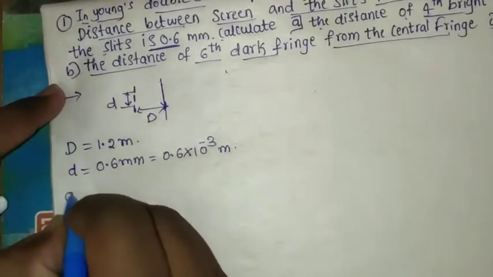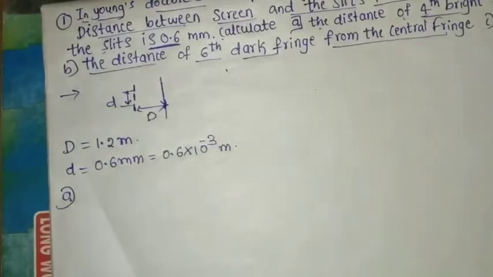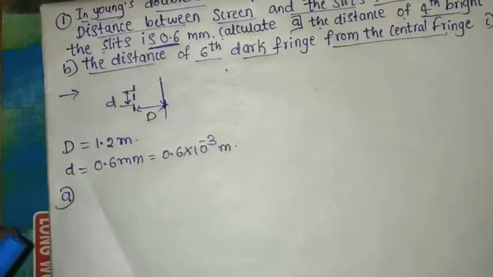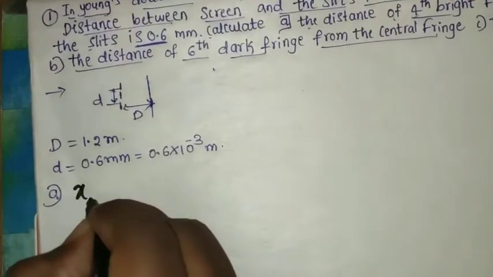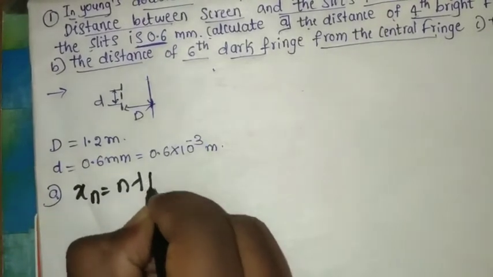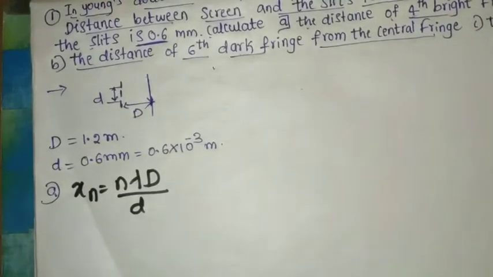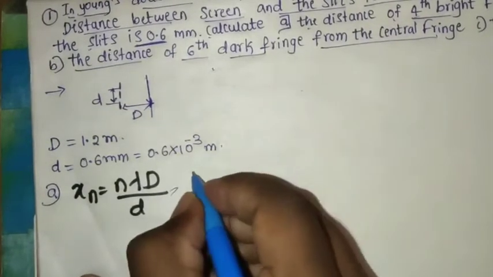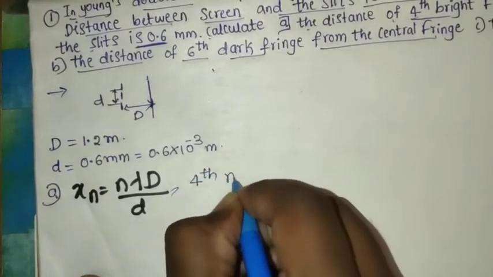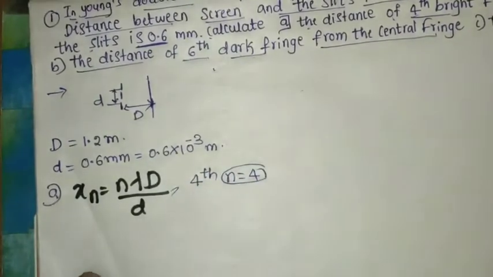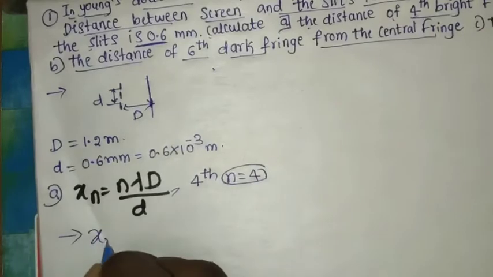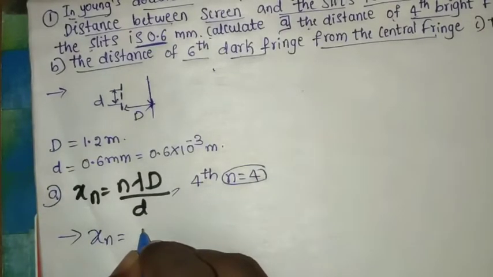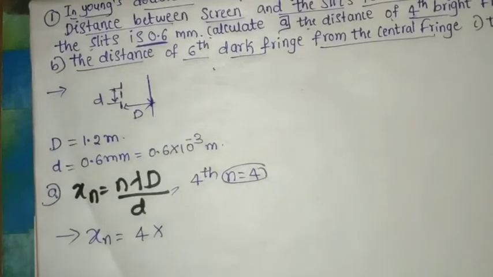Now we will solve this problem. The formula for the distance between a bright fringe and the center fringe is x_n equals n lambda D by d. They asked for the fourth bright fringe, so n becomes 4.